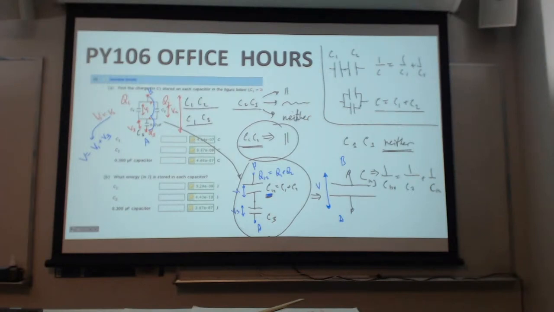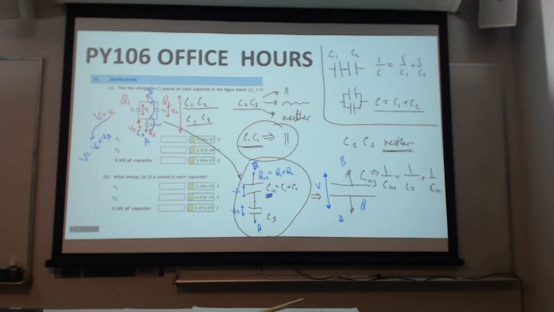If you measure the potential difference between A and B, it's always the same number, no matter which circuit you use. It's only based on the points. But now here, this charge Q, what should it be equal to? That's the total charge held in all three capacitors.